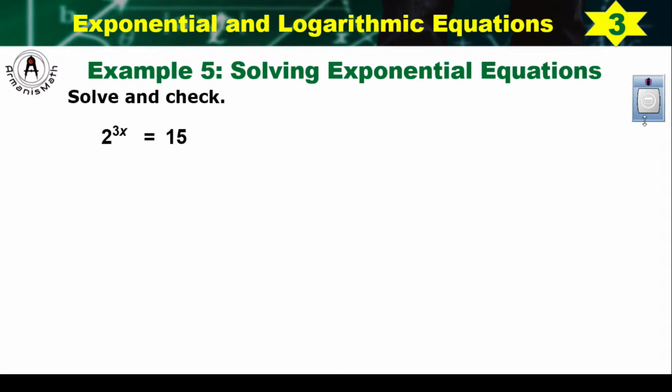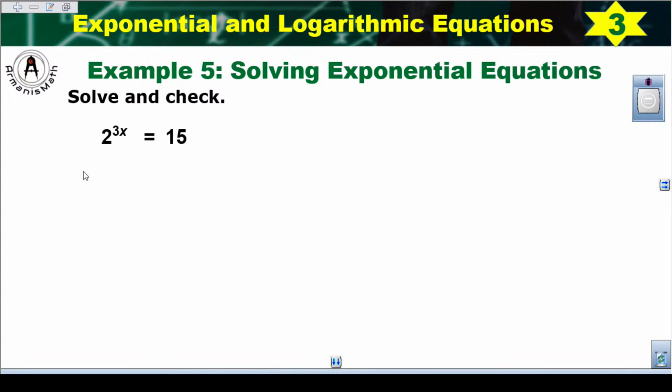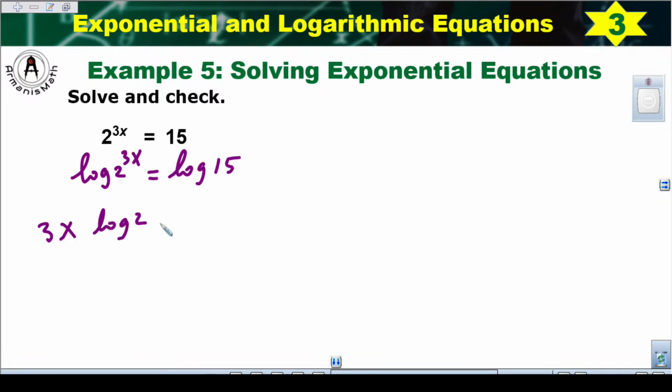That's it. I'm going to take the log of both sides. So that's going to be a log of 2 to the 3x power equals log of 15. 3x is kicked out times the log of 2, equals log 15.